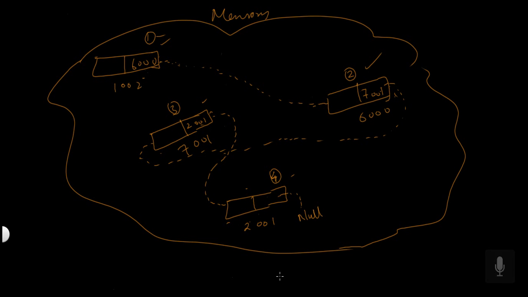So this was the basic concept of a linked list, and one last thing I would like to tell you is that the nodes of a linked list may not necessarily be located at contiguous or adjacent memory locations.